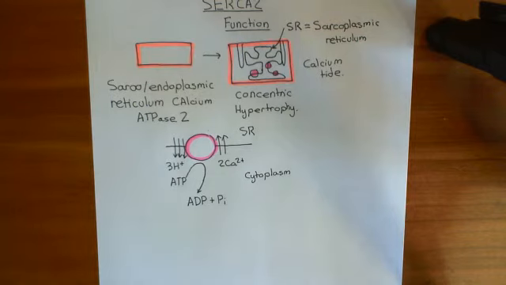So basically in these concentrically hypertrophied cells, you have lower SERCA function, lower function of SERCA2. So the ability to pump calcium from the cytoplasm into the lumen of the SR is reduced. Now, what could cause this reduced function in SERCA2?